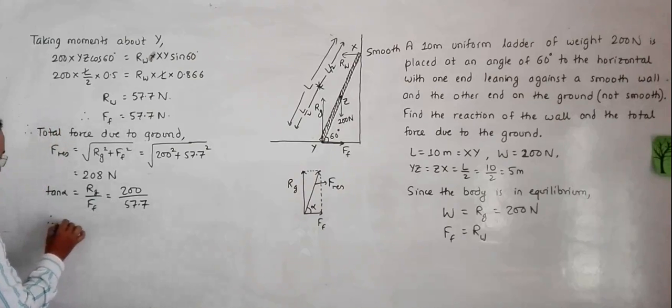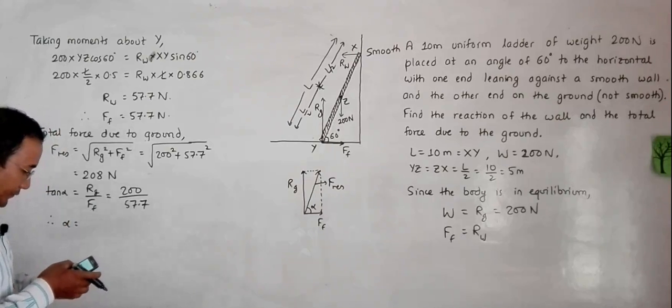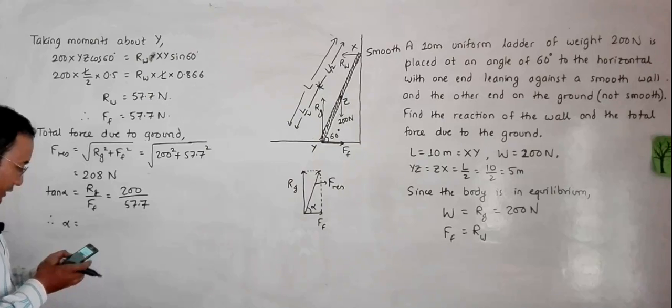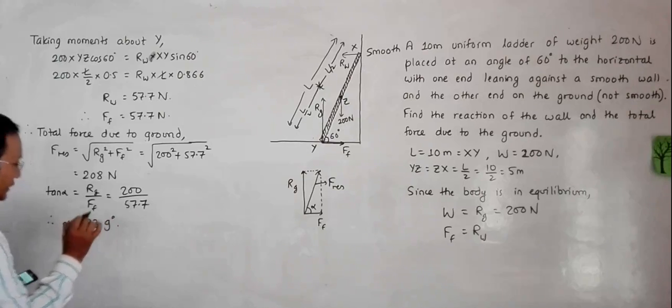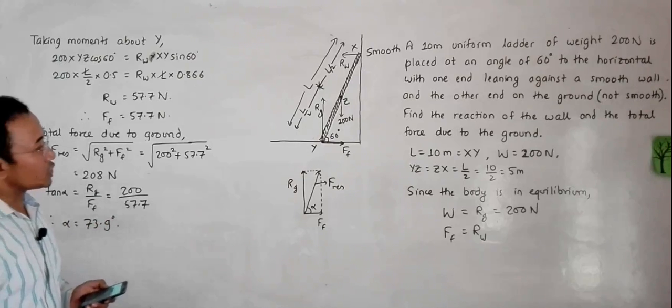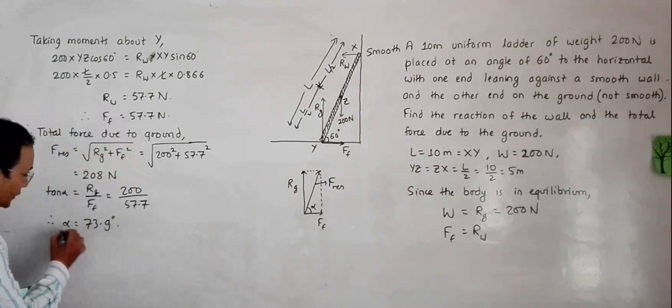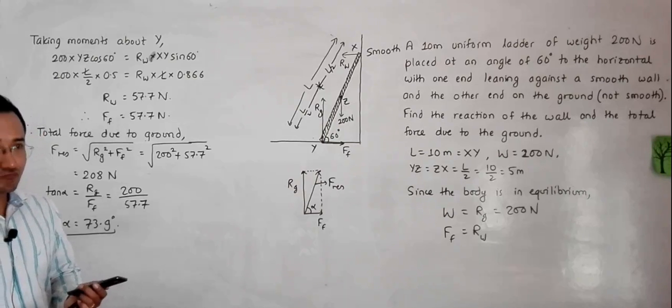So this will ultimately give me alpha equal to shift tan inverse of 200 divided by 57.7, which is 73.9 degree. So that means the resultant of these forces will form an angle of 73.9 degree with the horizontal.